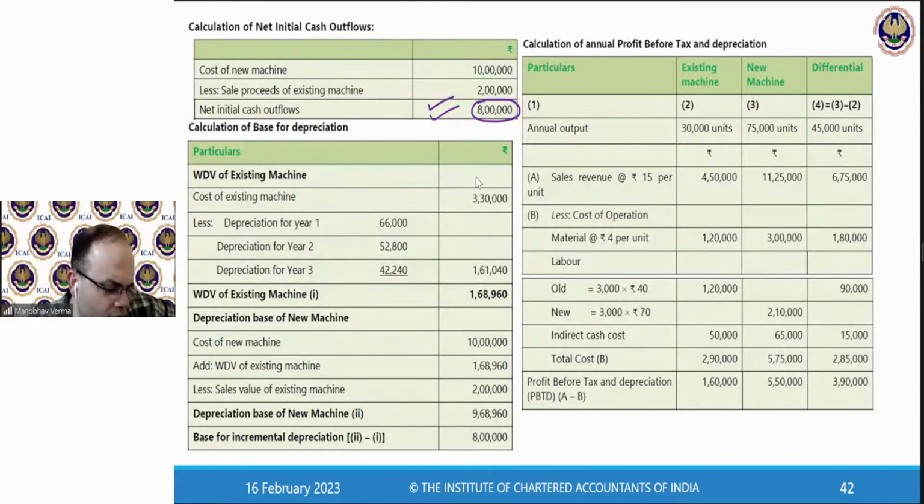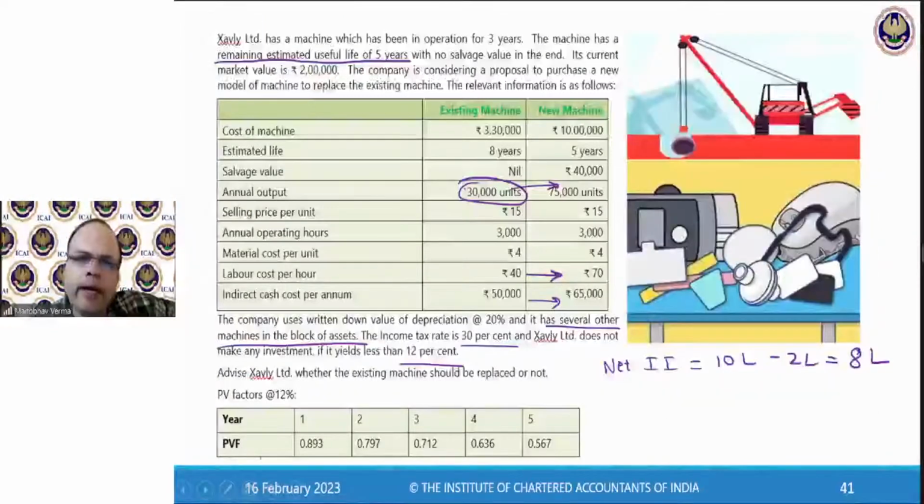Now, the existing machine cost is 3,30,000 here. That's what is given to us in the question. And mind you, depreciation was what? That is written down value of 20%, guys.